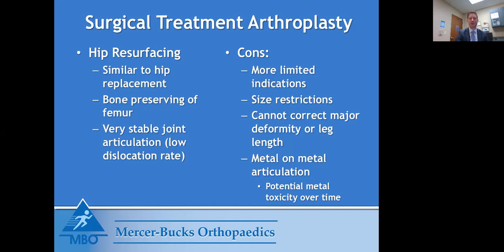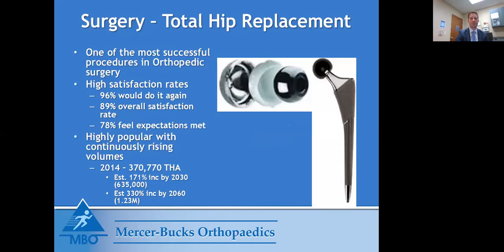If there are any deformities or leg length discrepancies, those cannot be adequately addressed or corrected with hip resurfacing. And finally, the articulation is metal on metal, which has been associated with some serious problems in the hip replacement literature over the years. For total hip replacement, these types of articulations have been largely withdrawn from the market.